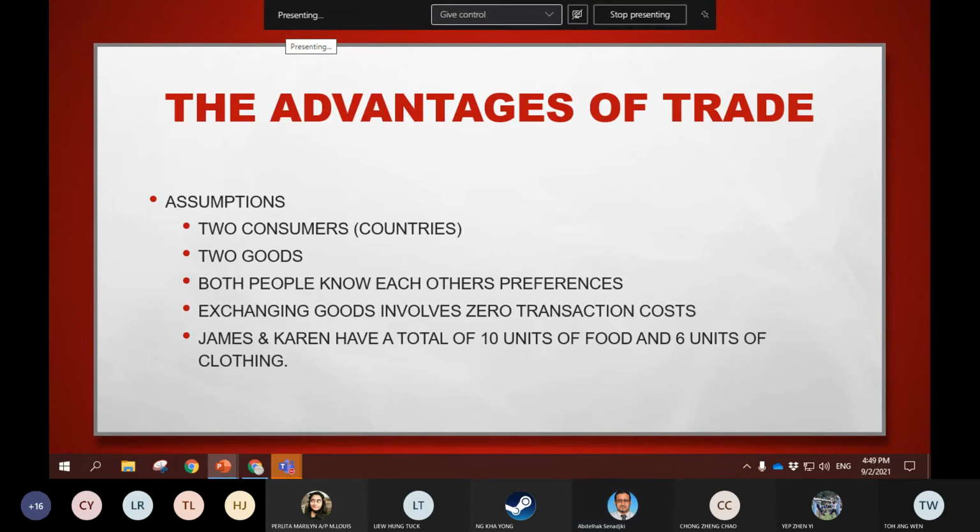And here in this case we name two individuals, not two countries, James and Karen, who have a total of 10 units of food and 6 units of clothing. So now they are going to trade these 10 units of food and 6 units of clothing.